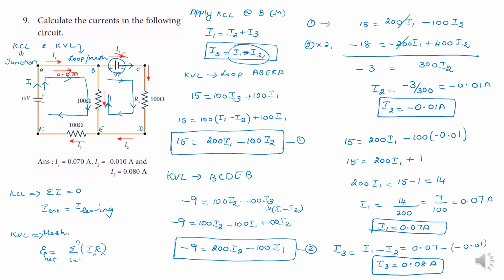I2 is not in this direction. Minus means I2 is flowing in this direction. I2 is equal to 0.01. So at B, I1 is 0.07, I2 is 0.01. Both combined and I3 becomes 0.08 amps. Does it make sense? Yes, good.